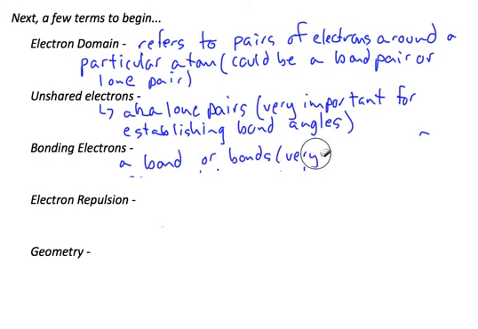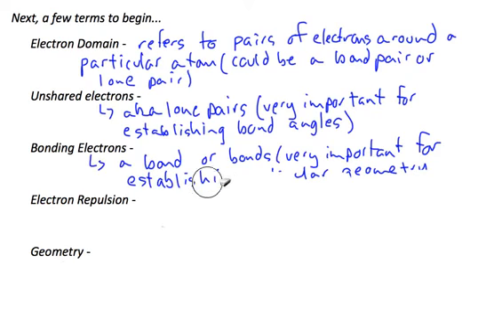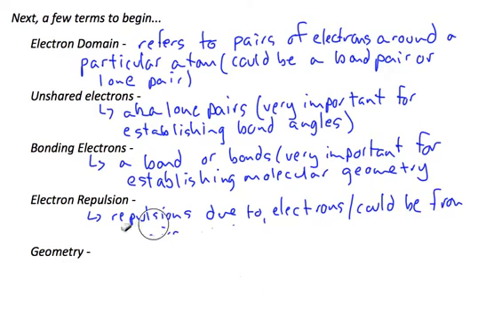Bonding electrons, again, everybody knows what we're talking about. This is the bond, and bonds are very important in establishing molecular geometry. We have lone pairs that help establish bond angles and the arrangement of bonded atoms, but it's the bond pairs that really end up giving us our geometry, and you'll see how that works later.